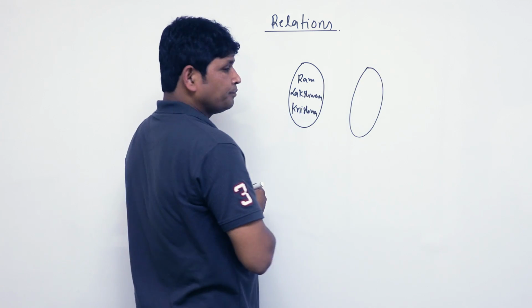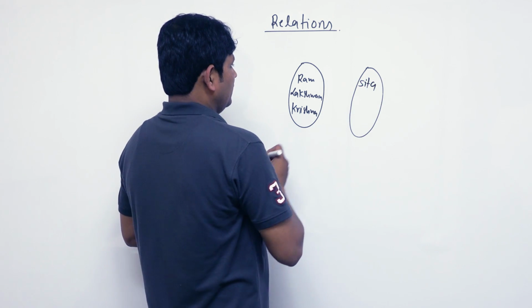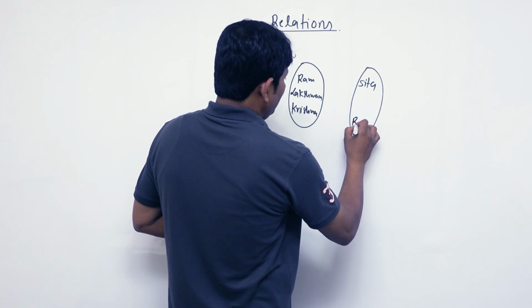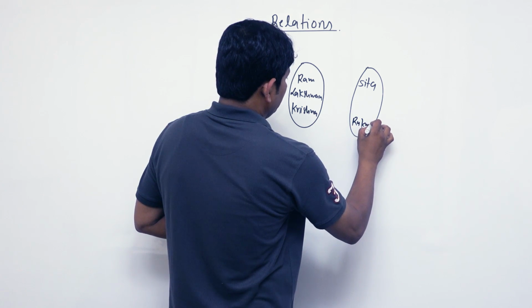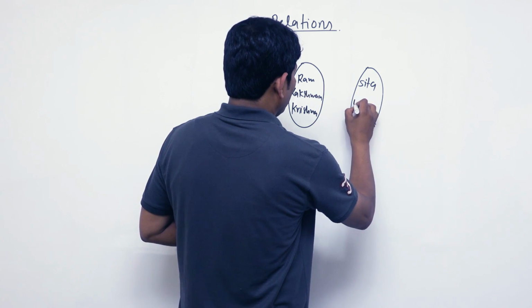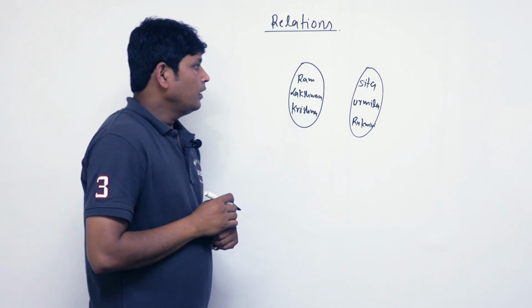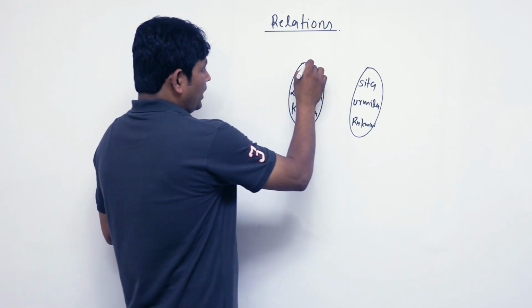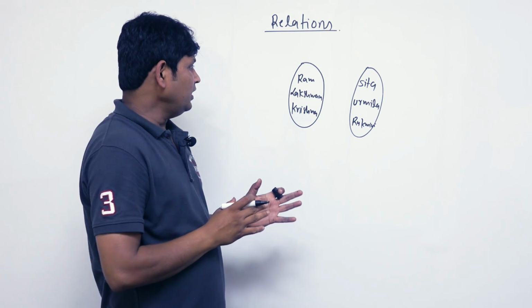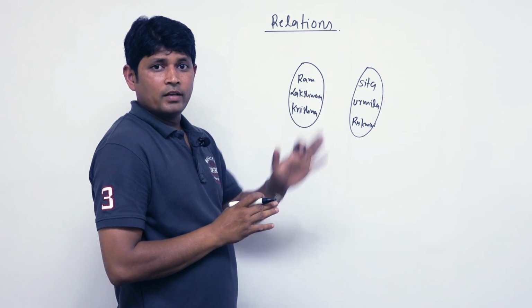Here is Sita, Rukmini, and Urmila. So I'm just going to find here the relation of husband and wife.